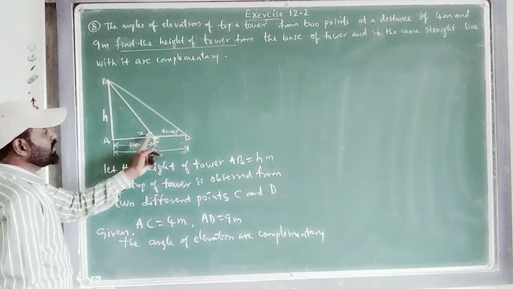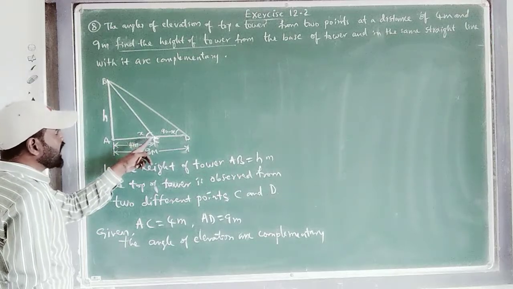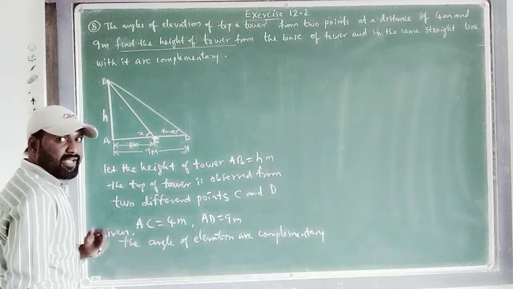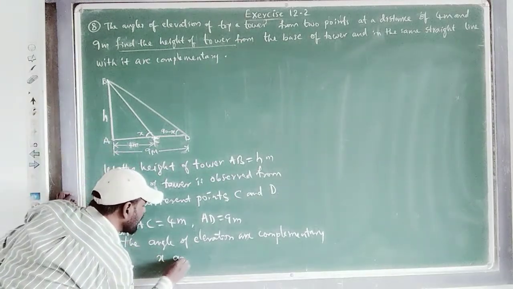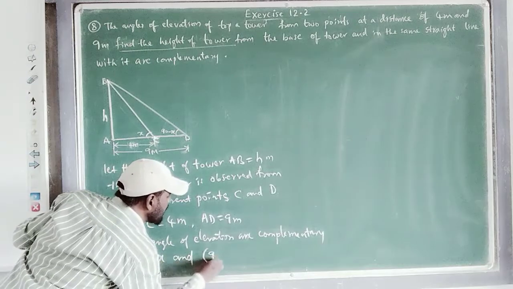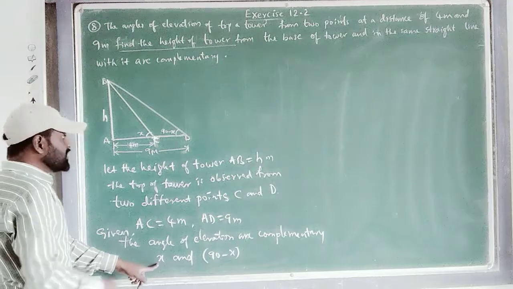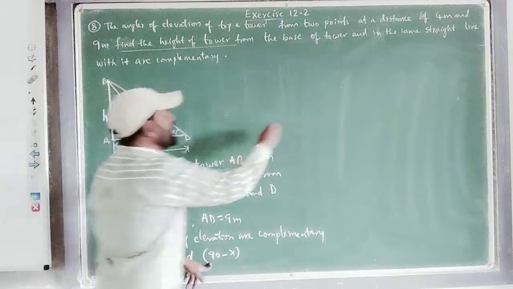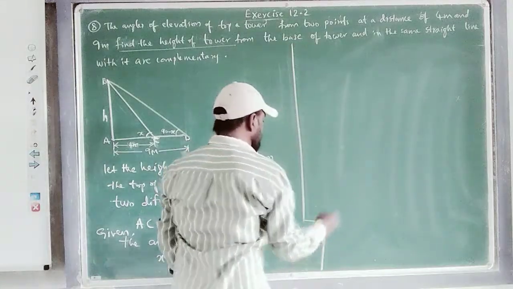The angles made here are complementary. So one angle is x. If you take the angle at C as x, the other angle will be 90 minus x. That is why the two angles are x and 90 minus x. These are the two angles of elevation. This angle is made at point C. This angle is made at point D. So from the figure, this is complementary.